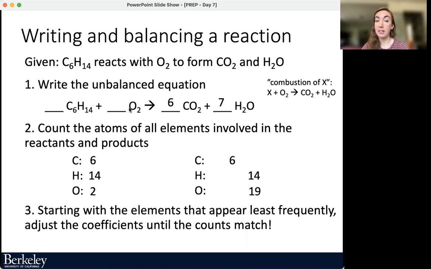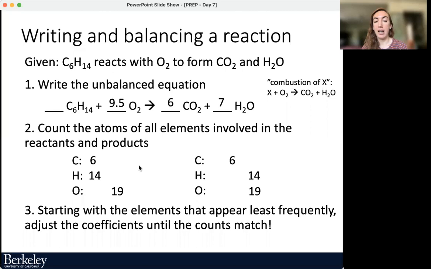But on this side, I can manipulate just this oxygen to balance the oxygen without screwing up the carbon and the hydrogen. I know I have 19 oxygens on the right. So how many O2 molecules do I need in order to have 19 oxygens? 19 divided by 2 is 9.5. So I need 9.5 oxygen molecules.